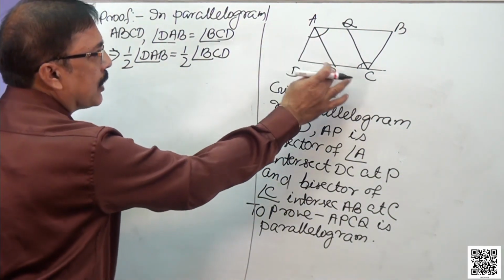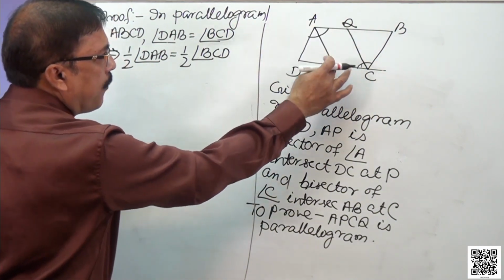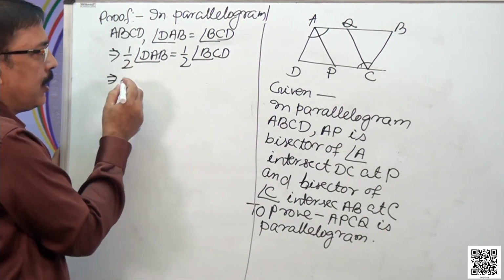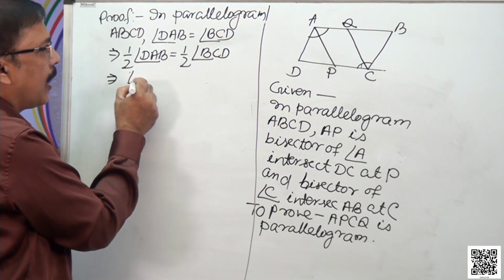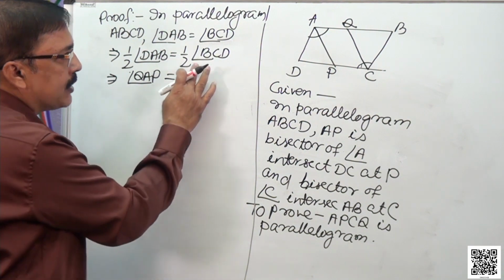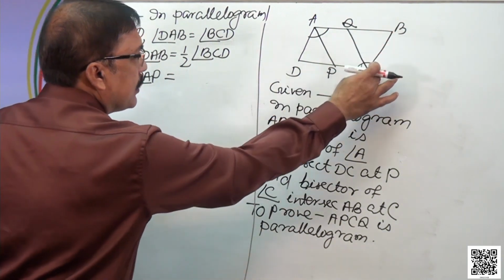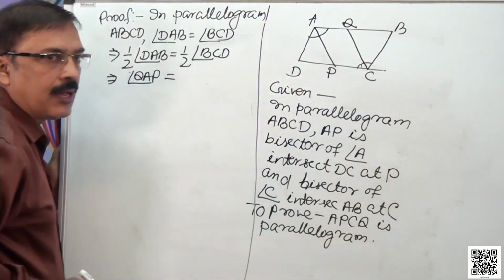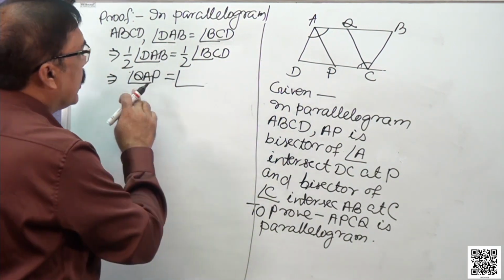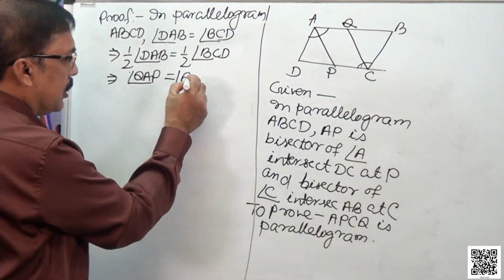As AP is the bisector of angle BAD, QAP is half of it. So in place of half DAB, we can write angle QAP. Similarly, in place of half BCD, as QC is the bisector, QCP is half of angle BCD. So we can write angle QAP is equal to angle QCP.